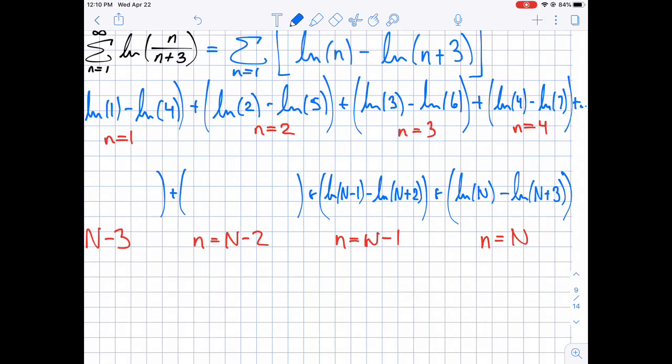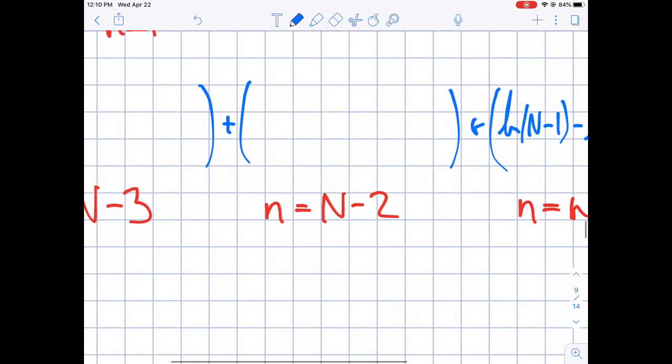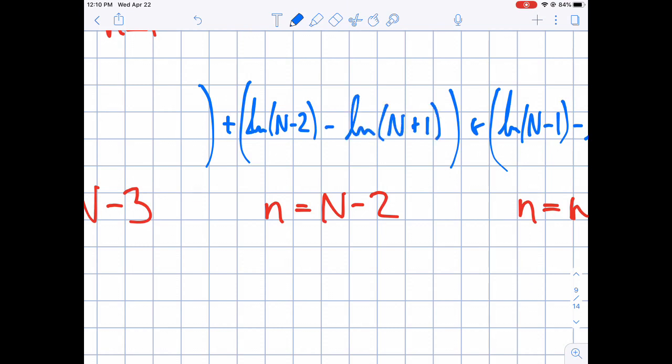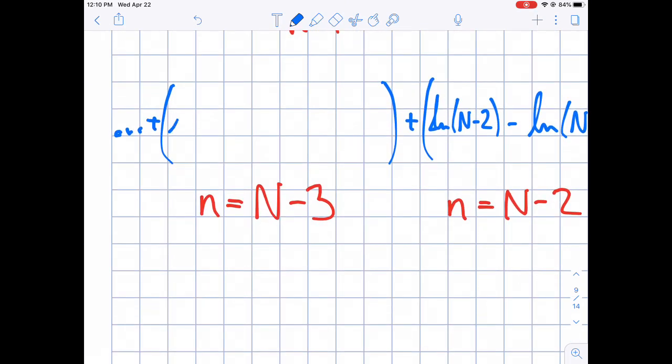Okay, there's our second last term. Let's take a look at our third last term. We now have ln of N minus 2 minus ln of N plus 1. And then when we get here to the fourth last term, we have ln of N minus 3 minus ln of N itself.